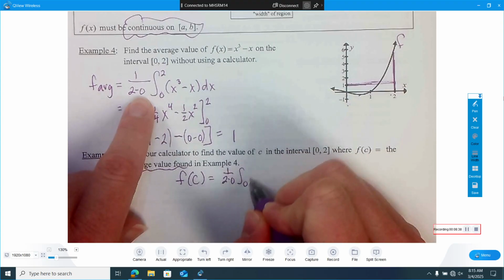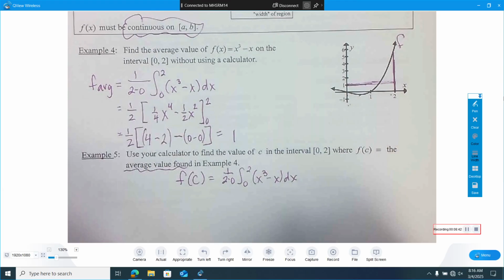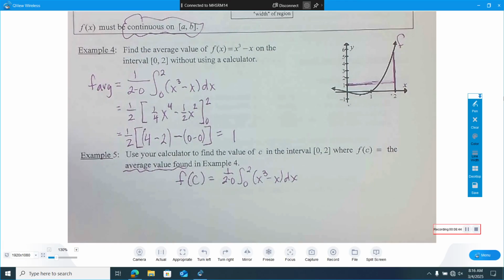I'm going to go ahead and integrate x cubed minus x dx. Okay, this comes up in AP testing all the time, and Mr. Taylor does a very good job of working us into that sort of thing. But this is find a value of c which equals the average value of the function.